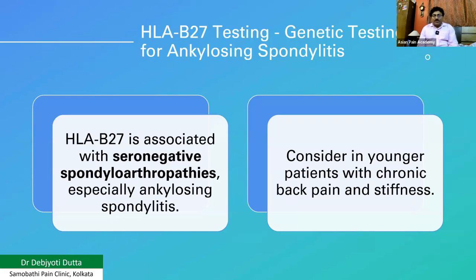HLA-B27 is not diagnostic. For example, if the patient has ankylosing spondylitis, it has been found to be associated in 80% of cases. 20% of patients might have an HLA-B27 negative spondyloarthropathy, and it has been found that there are some other genes also responsible. The positivity percentage is further low to do regular clinical testing.